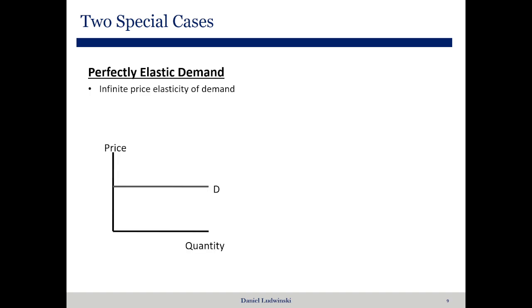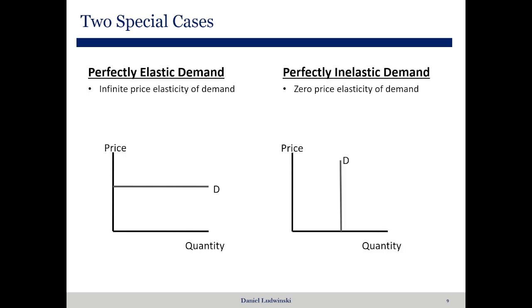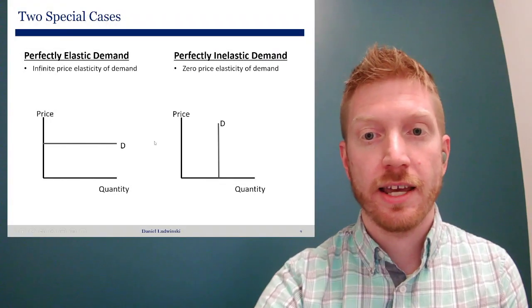Here, any change in price leads to an infinite change in demand. So a small increase in price will lead to people buying no amount of that good. We'll talk a little bit more about where that can be the case later. And the other one is perfectly inelastic demand, where no matter how much you increase prices, the quantity is staying the same.